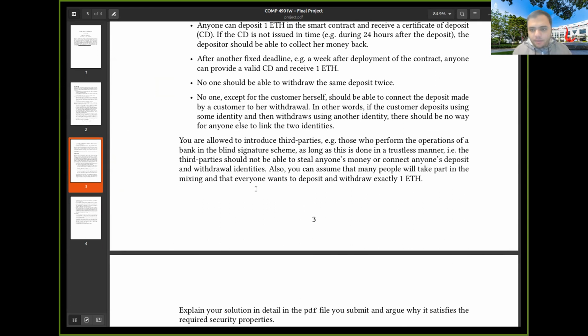Okay, that's fine, but you have to do it in a trustless manner. What does that mean? That means that we never trust any of these third parties. They are third parties, but they're not trusted third parties. So they shouldn't be able to steal anyone's money or make a connection between a deposit and its corresponding withdrawal.